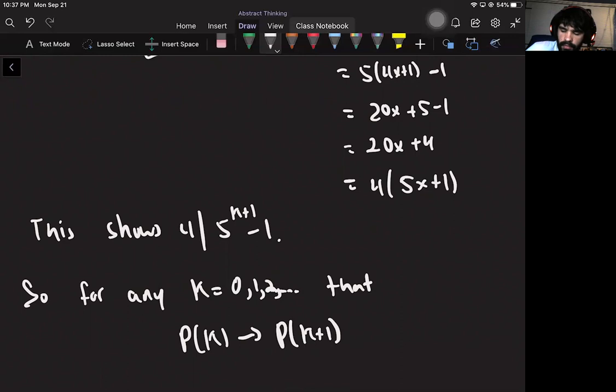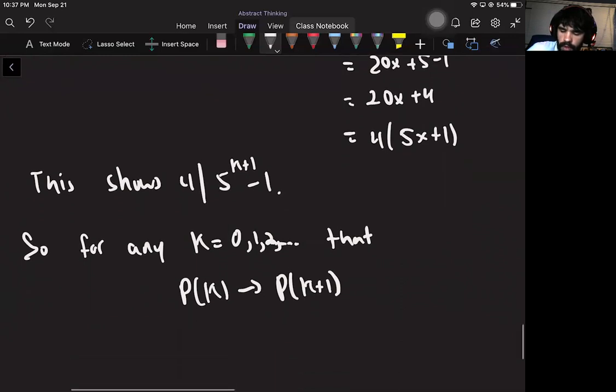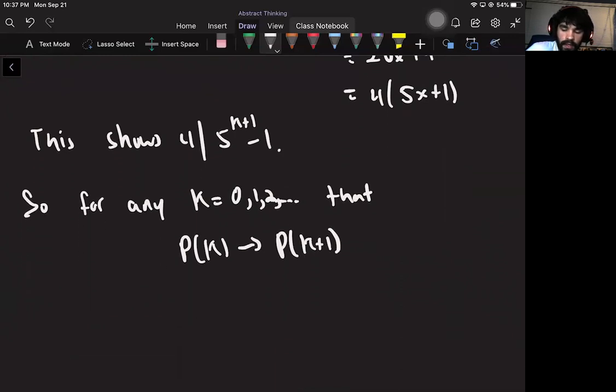So we've shown that if it holds for one number, it will hold for the next number, no matter what.